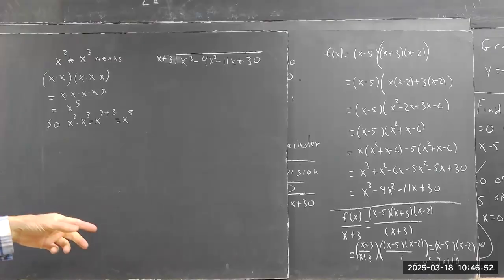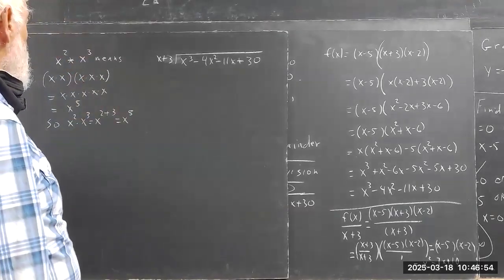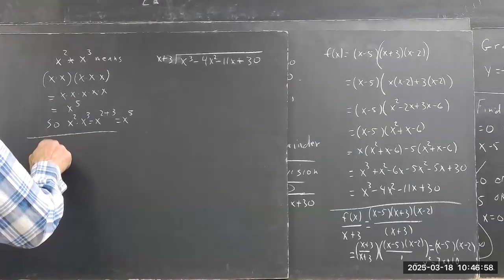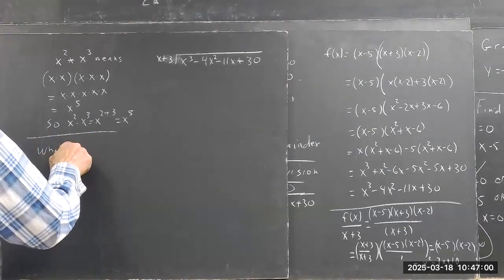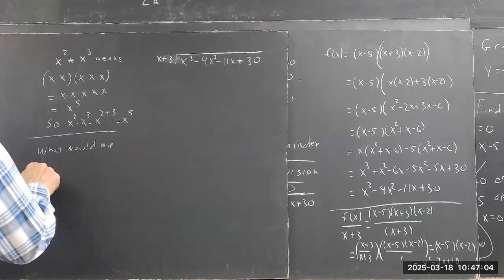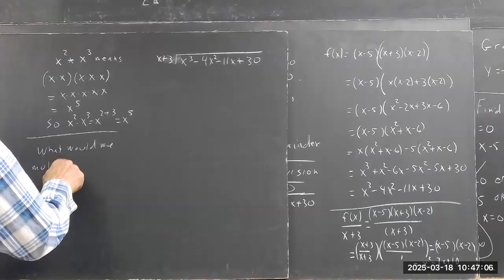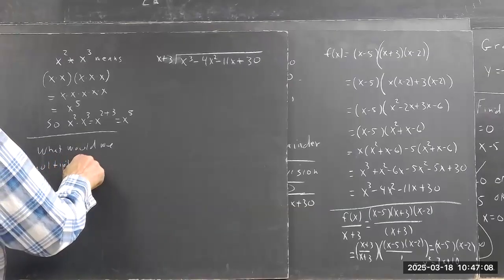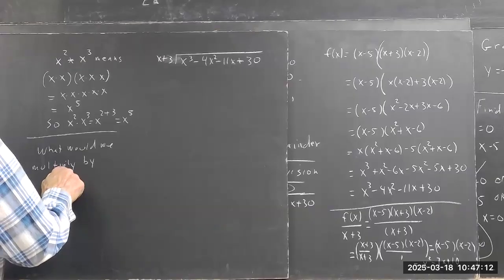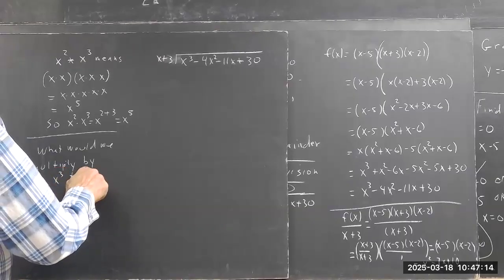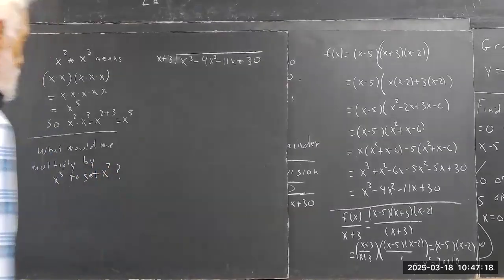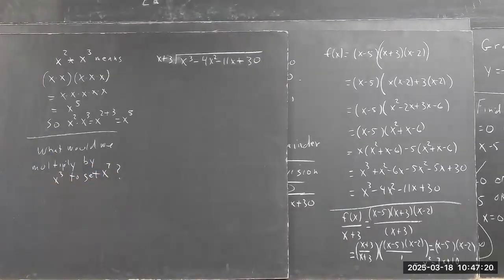So x squared times x cubed equals x to the 2 plus 3, which equals x to the fifth, right? So with that, well, let me just ask a question. By x cubed to get x to the seventh.